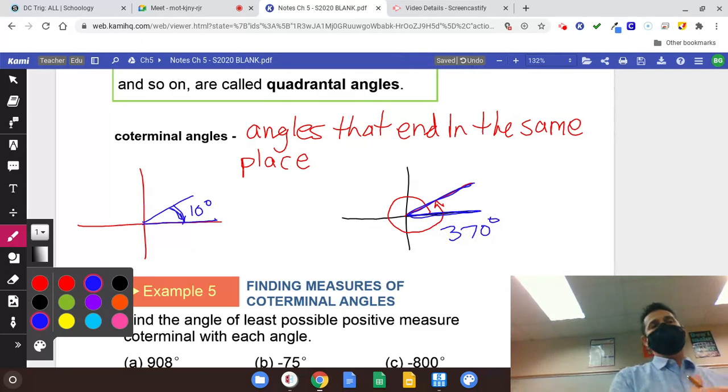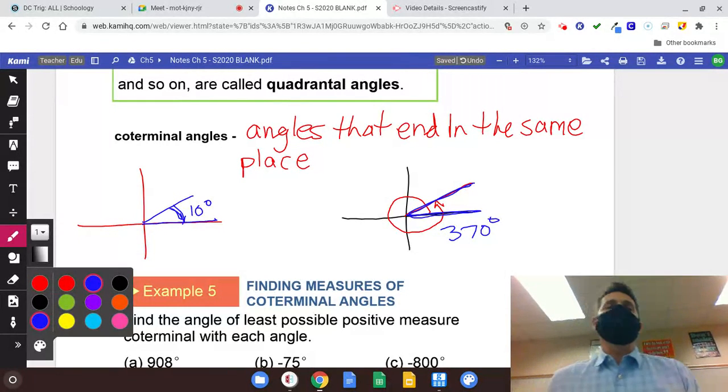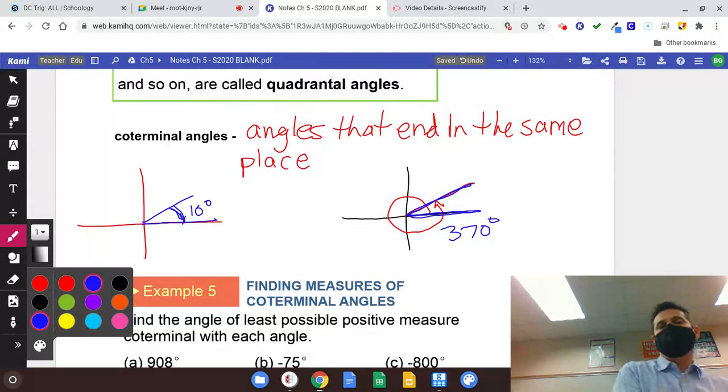Now we know that 10 does not equal 370, but if you notice, those two things end up in the same place. It looks like the same angle. Those are coterminal because they end up in the same spot. So, one way of finding coterminal angles is just to add 360, however many times you want. Okay, add 360, add 360, add 360.